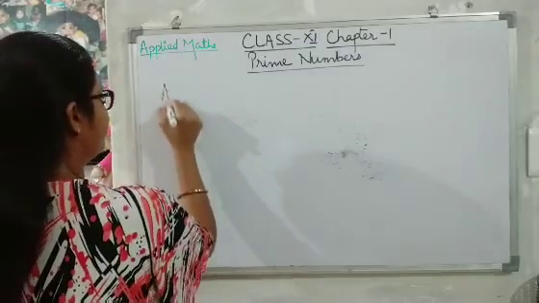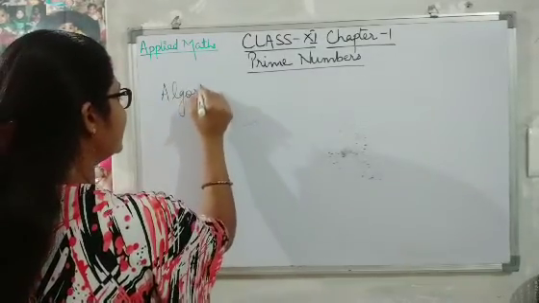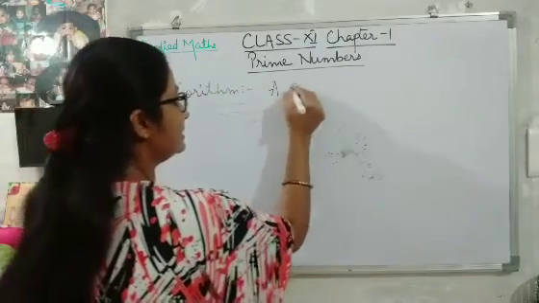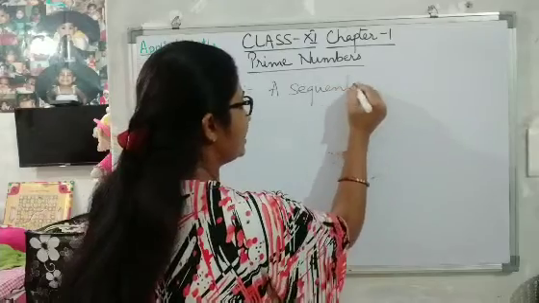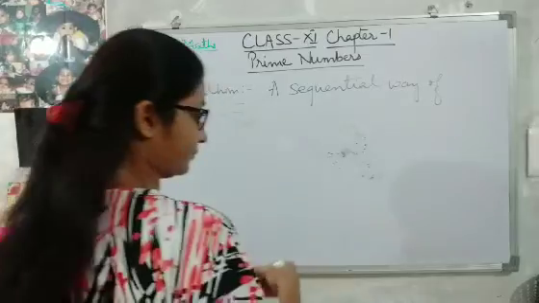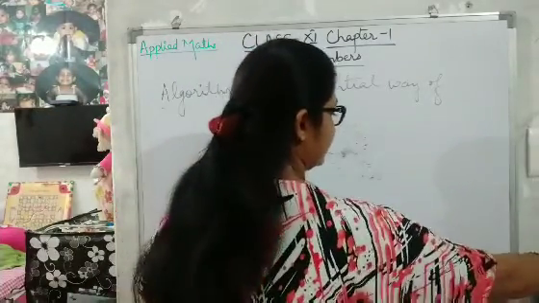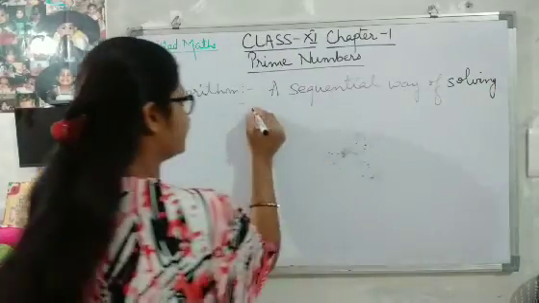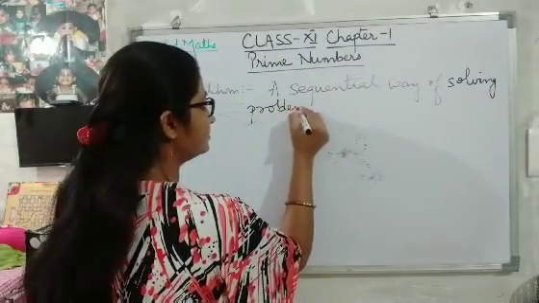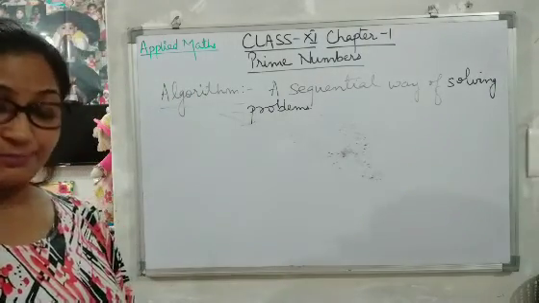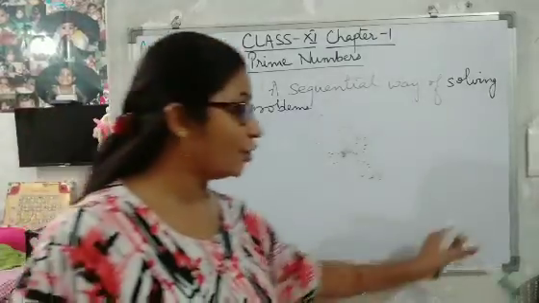Still, if you don't know, I would just like to note here in a simple manner: an algorithm is nothing but a sequential way by which you can solve any of your problems.